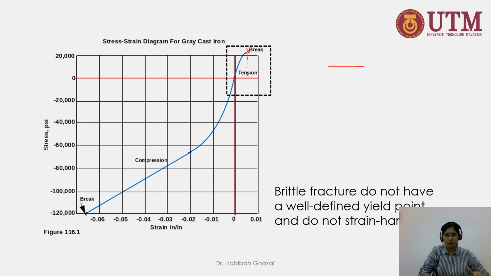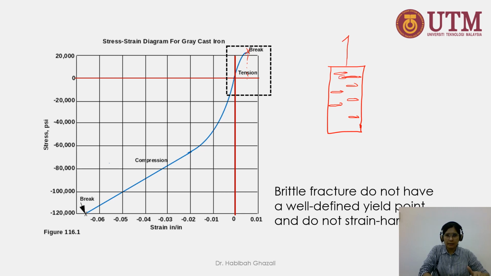What happens here is that gray cast iron has a lot of volume defects. We have a lot of micro cracks and also a lot of porosity. Inside the microstructure we also have what we call flakes, and these flakes have very sharp corners. The corner is where the stress is concentrated.